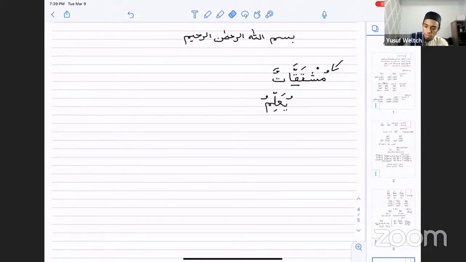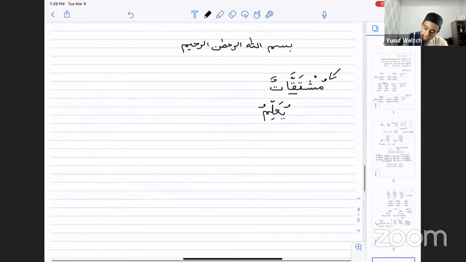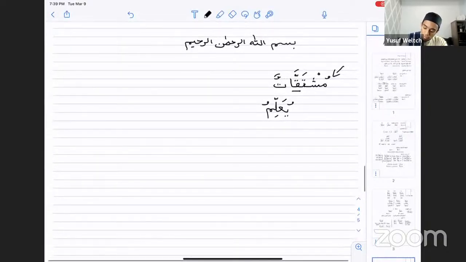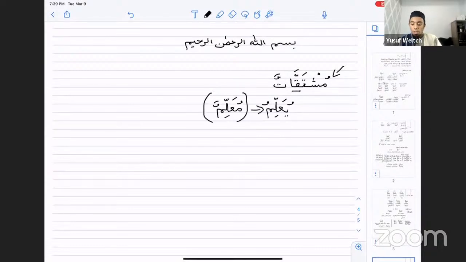Right, so allama, form 2, means to teach. So yu'allimu means he is teaching. Okay. Now from there you have the word mu'allim, which is a teacher. So that's what we're going to talk about today. This word mu'allim is derived from this word, and this is why they're called derivative nouns.